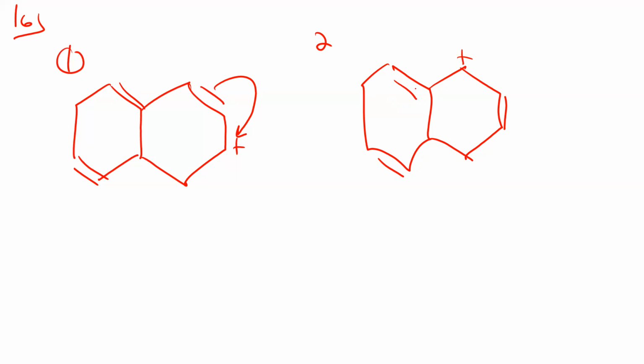And we still have this. So then we're going to move it here, and that's going to move that positive charge right there. I don't want to mark that in case it confuses someone for the answer.